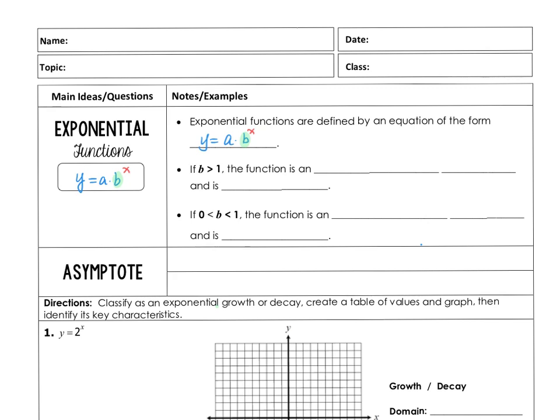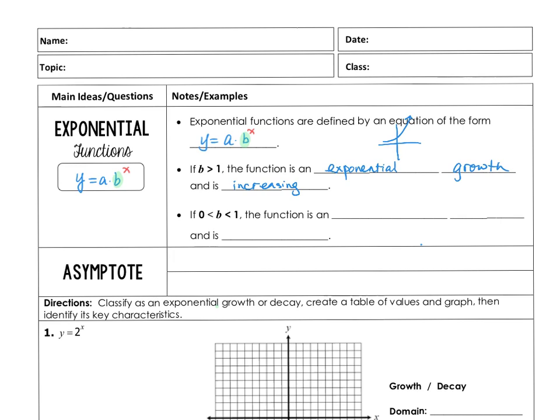When b is greater than 1, the exponential function is exponential growth, and it's increasing. If I'm drawing it roughly, it grows like that.